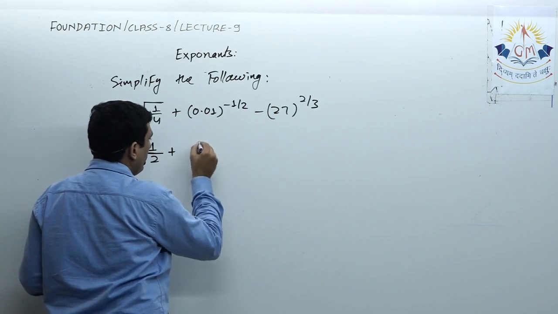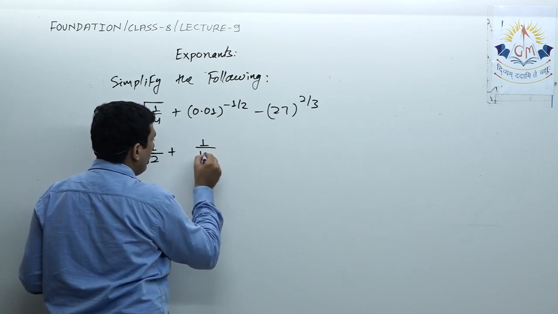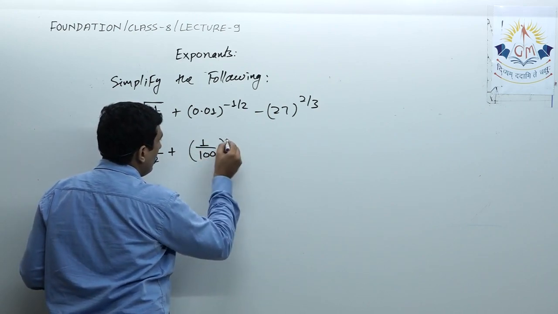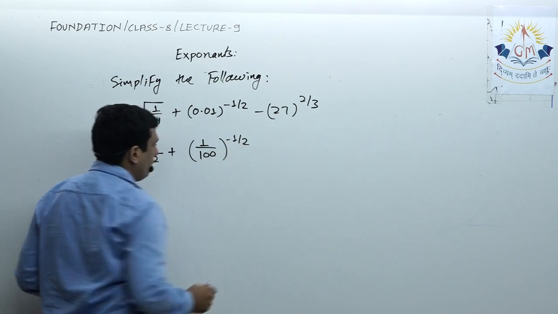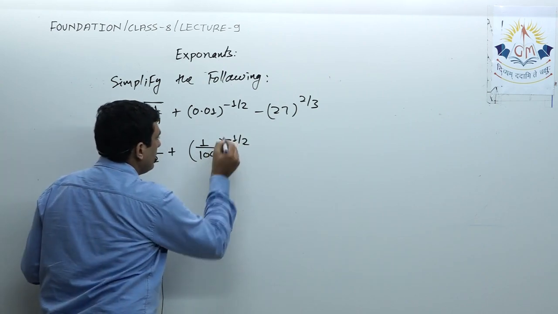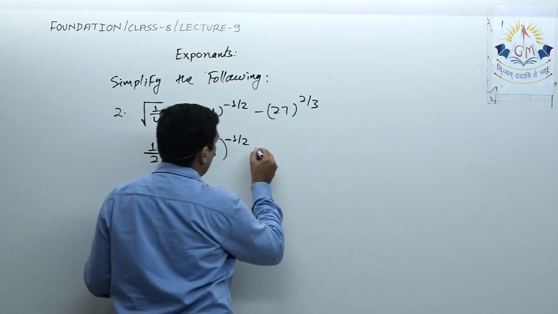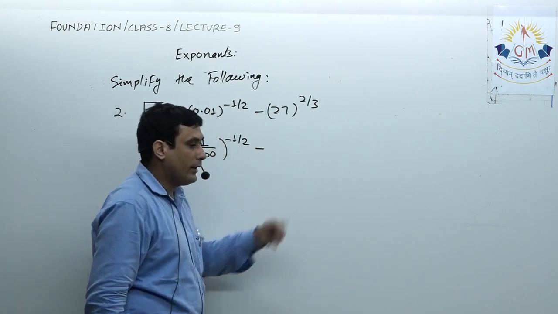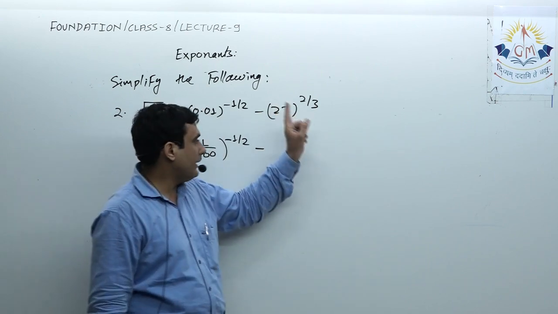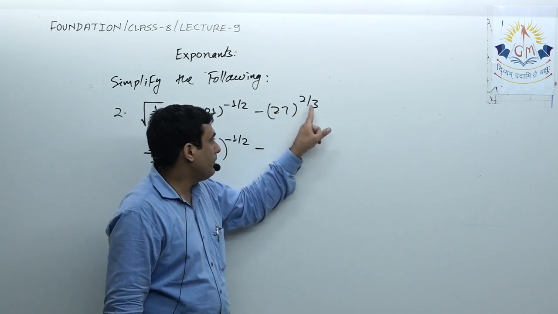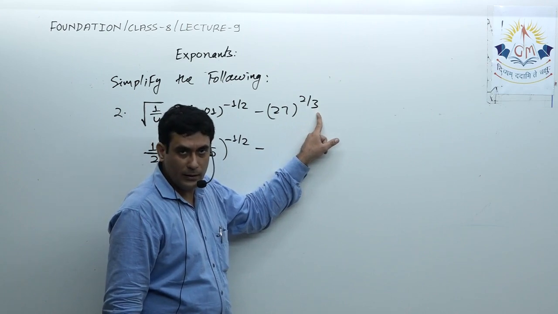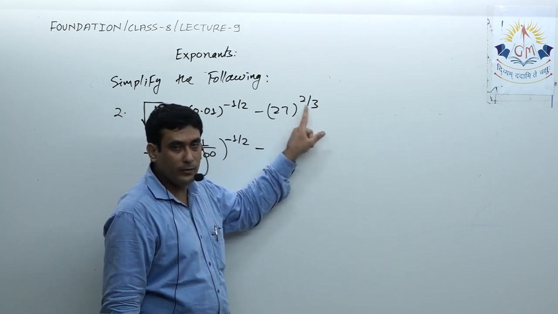Now this 0.01 can be written as 1 upon 100 raised to minus 1 by 2. Okay, I just replace the 0.01 as 1 by 100. Power is as it is, minus 27. Now again we come to the point that I discussed in the first question. Here the denominator of the power is 3.